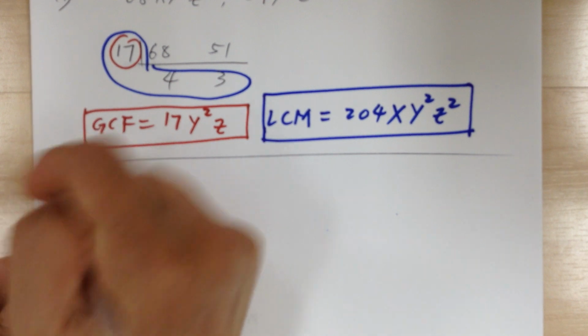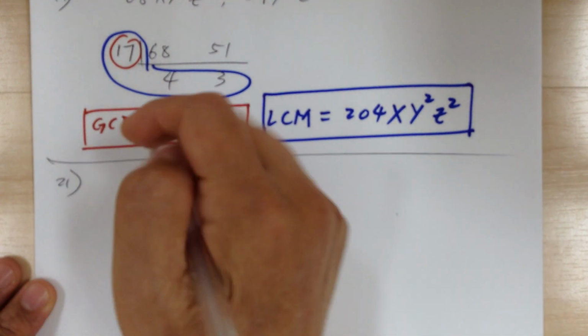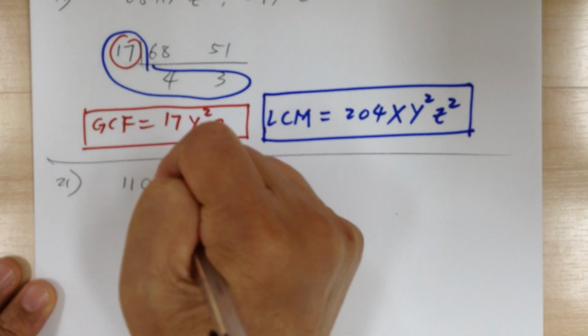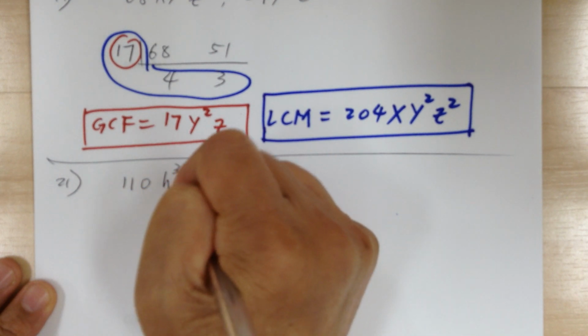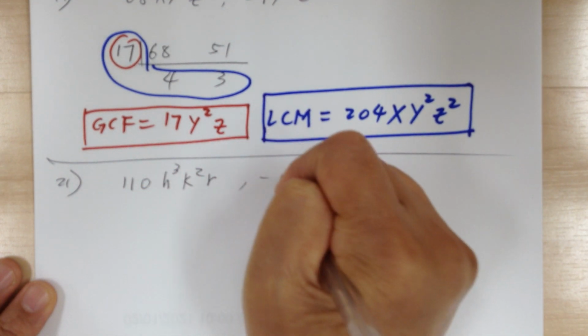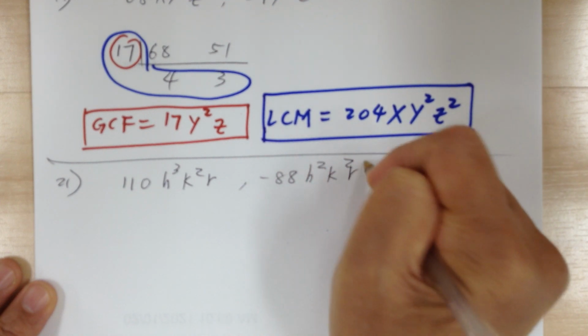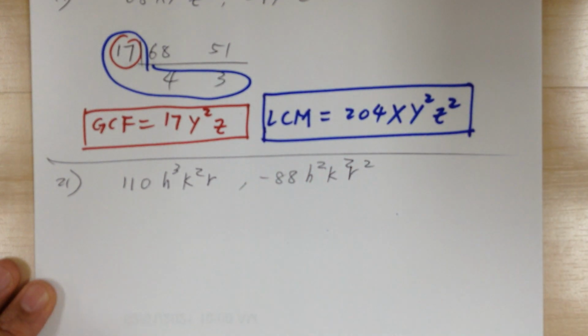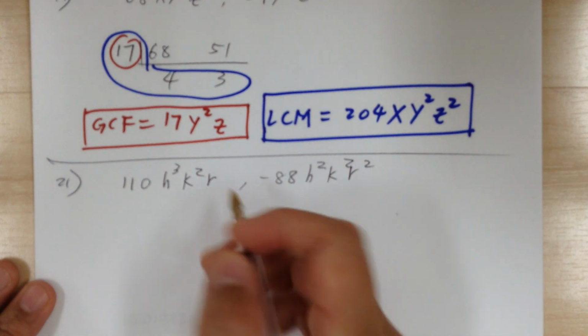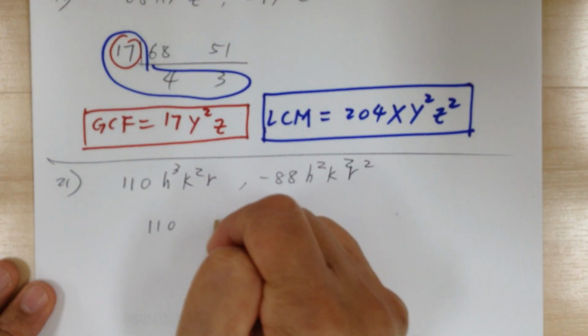Okay, number 21. You got 110h^3k^2r and negative 88h^2k^2r^2. So again, to find the GCF, you can ignore the negative. So you got 110 and 88.